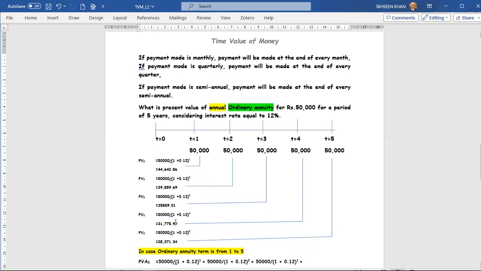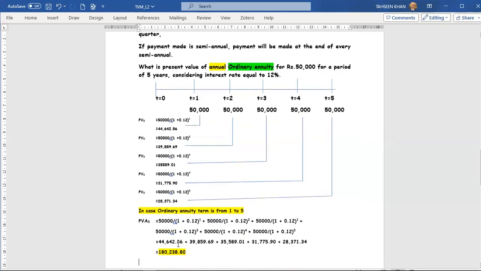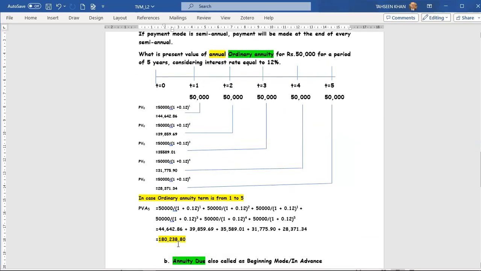For the fourth year, it will come to 31,775.90, and for the fifth year, it will become 28,371.34. So, in case of the ordinary annuity, the present value, the sum of all these values, is equal to 180,238.80. Later on, we will also solve this question by applying the formula and on an Excel sheet as well.